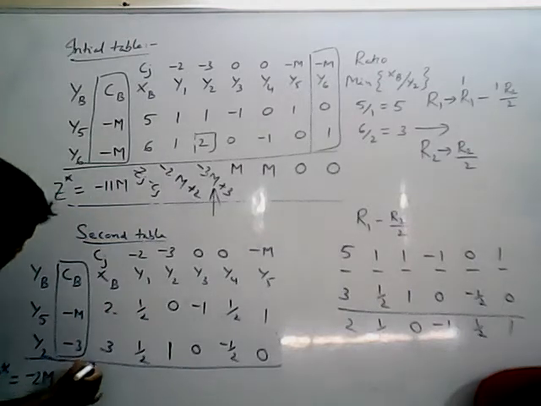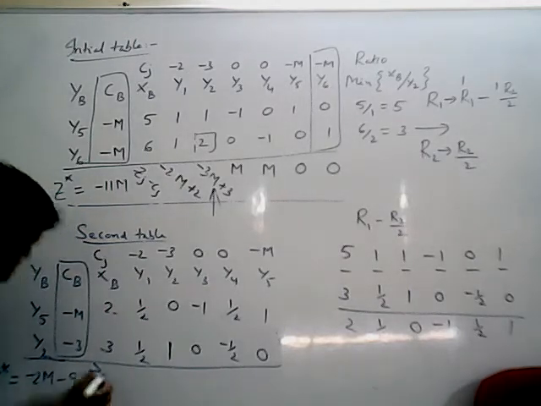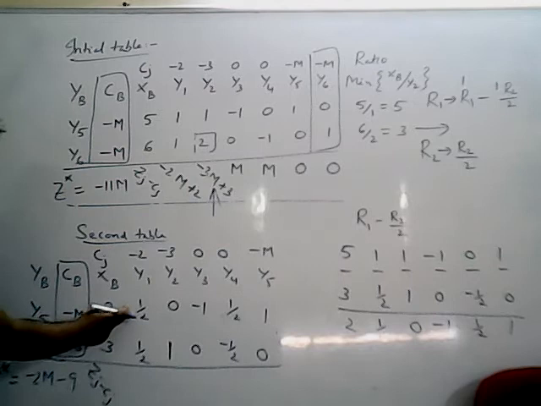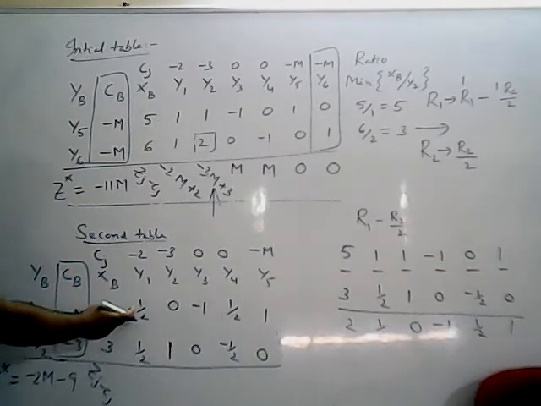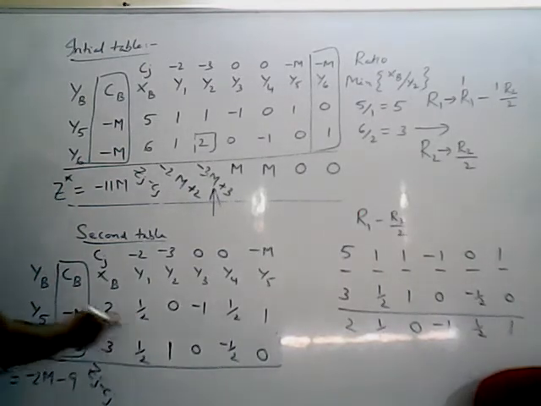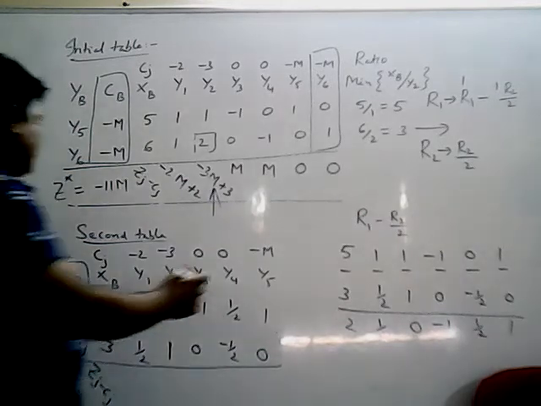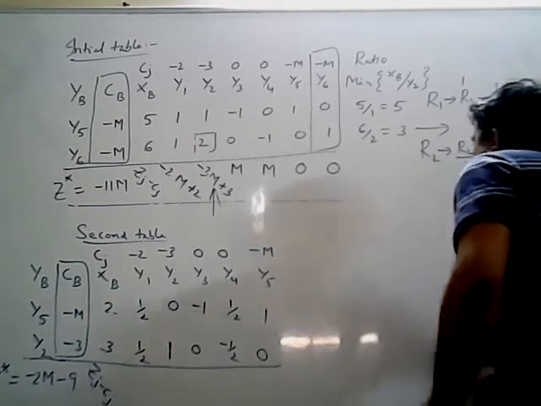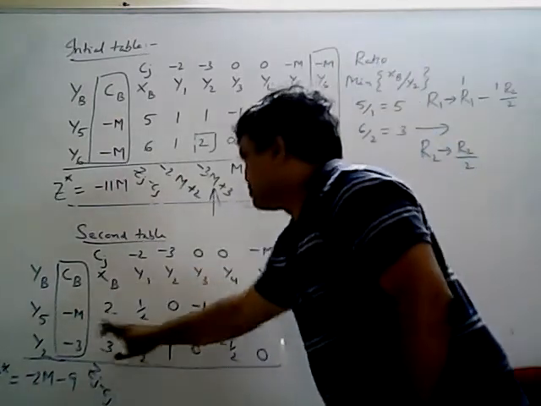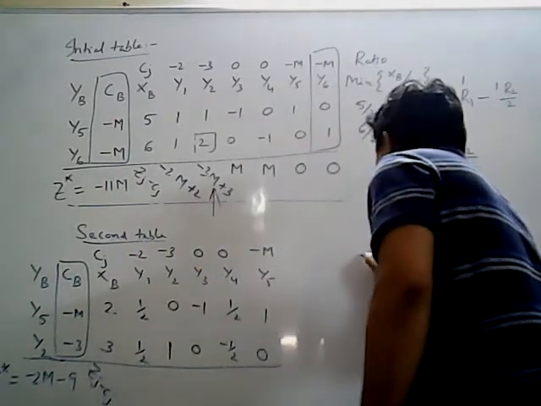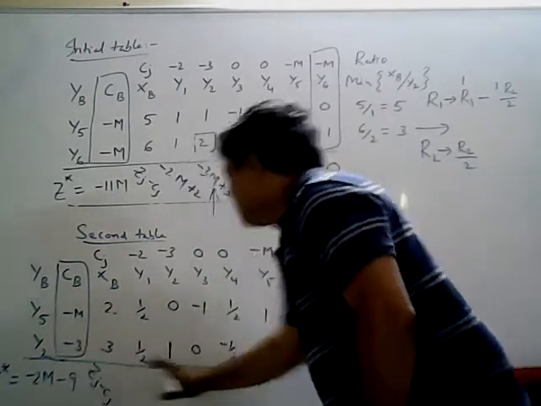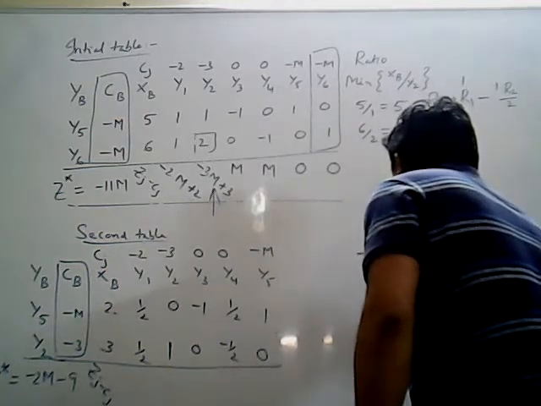Next, you have to calculate the net evaluation, denoted by Zj minus Cj. Now, Cb into y1, straightforward: minus m into 1 by 2, minus 3 into 1 by 2, that means minus m by 2 minus 3 by 2.